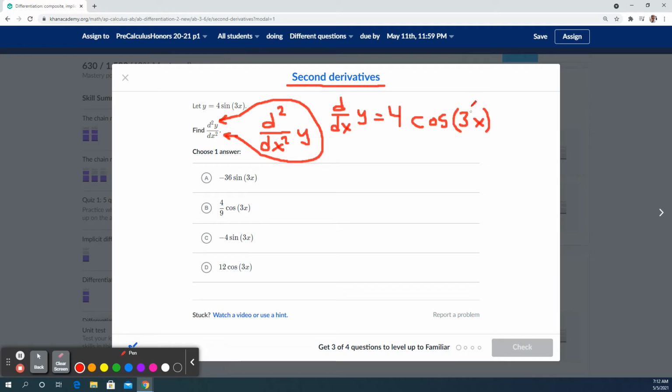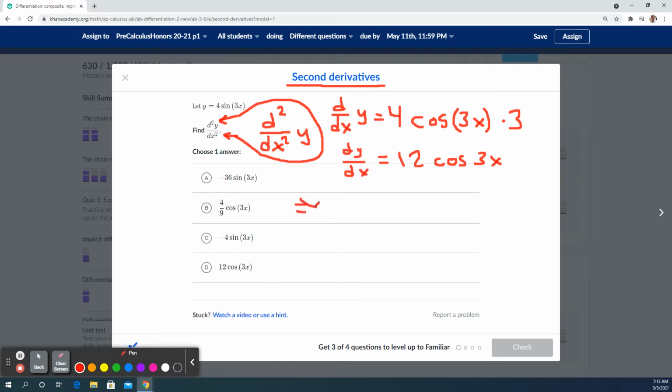Since this 3x has more than just x inside, we have to be careful about the chain rule. And the chain rule applies here, so the derivative of the inside function is just 3. So this will simplify: 3 times 4 is 12 cosine of 3x. And that's dy/dx.